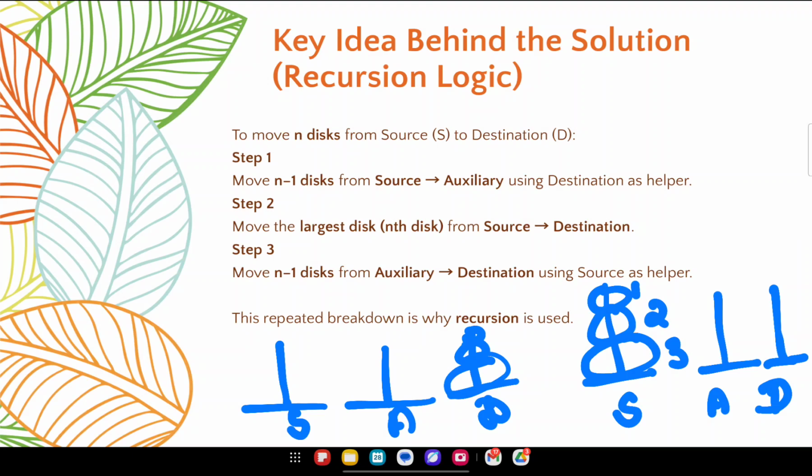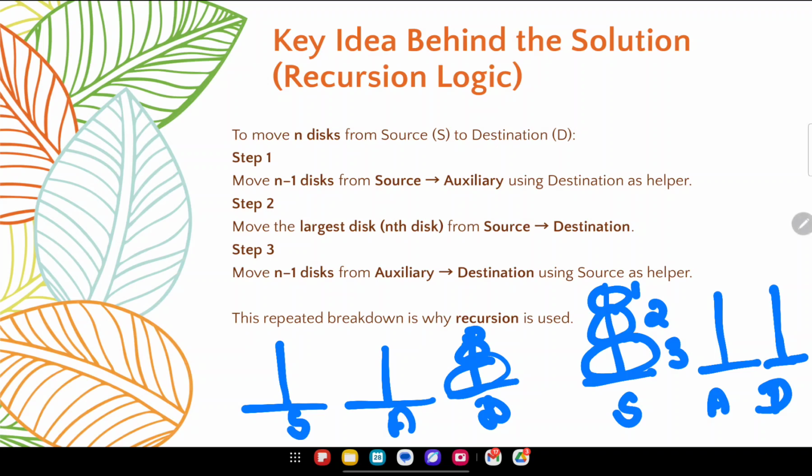The key idea behind the solution is the recursion logic. This is the most important idea in Towers of Hanoi. Suppose we want to move n disks from source to destination. We cannot directly move the largest disk because smaller disks are on top.